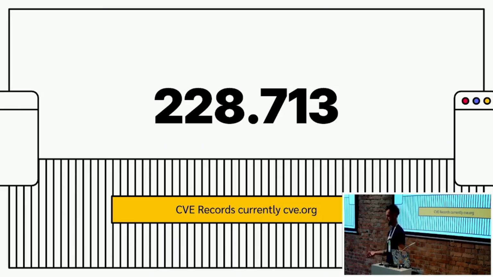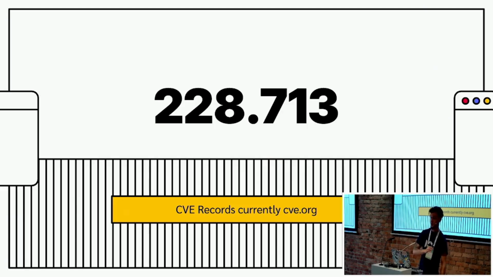For example, we have 228,713 CVEs. This might have changed. This has changed, because there are now 2 more new CVEs since I made the slide 3 weeks ago. So these are vulnerabilities that we know of. That's also the point: CVEs are the vulnerabilities that we know of.